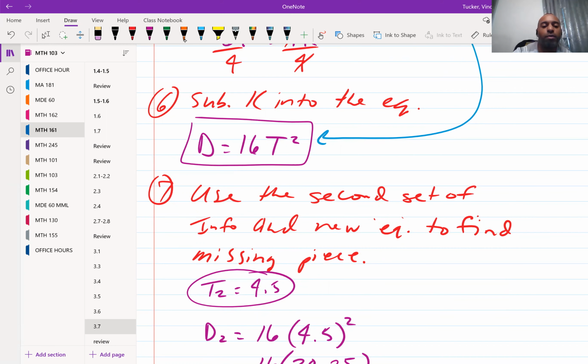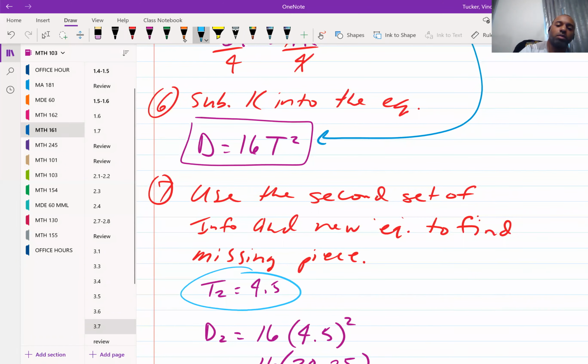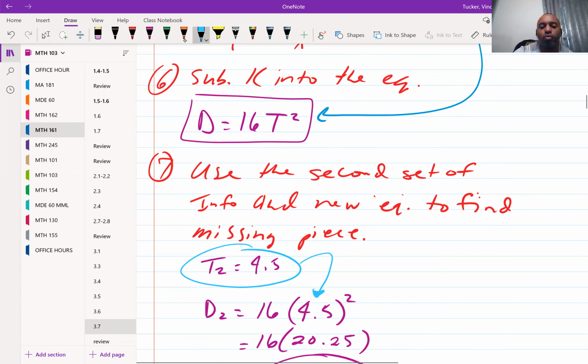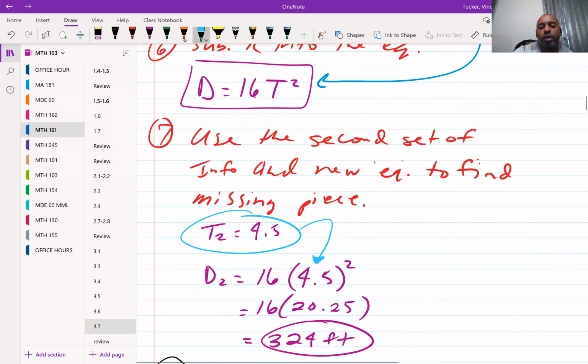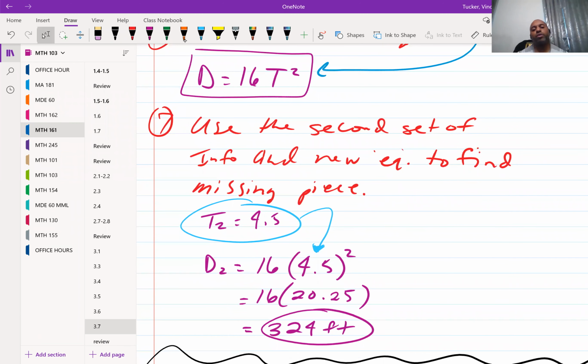So we can plug 4.5 in for T. All right, 4.5 squared is 20.25. 16 times 20.25 is 324. So that would be the answer.